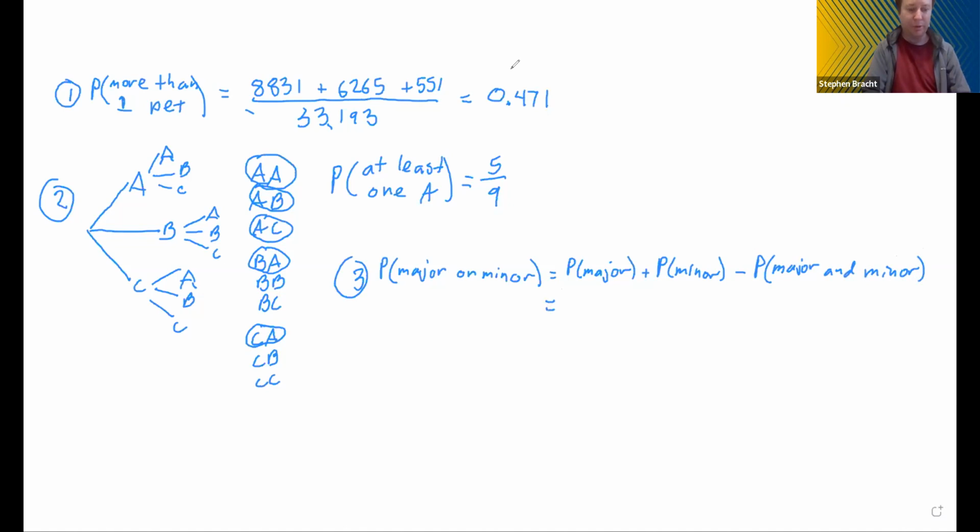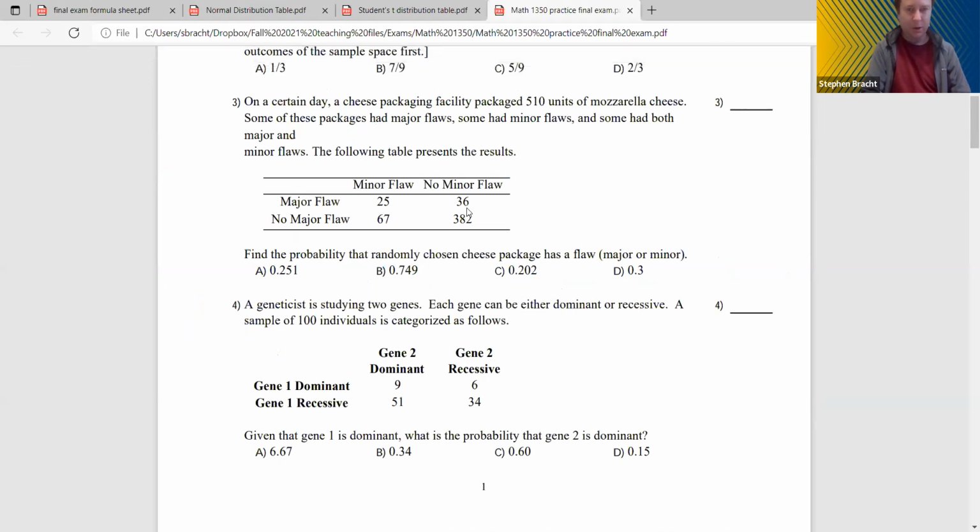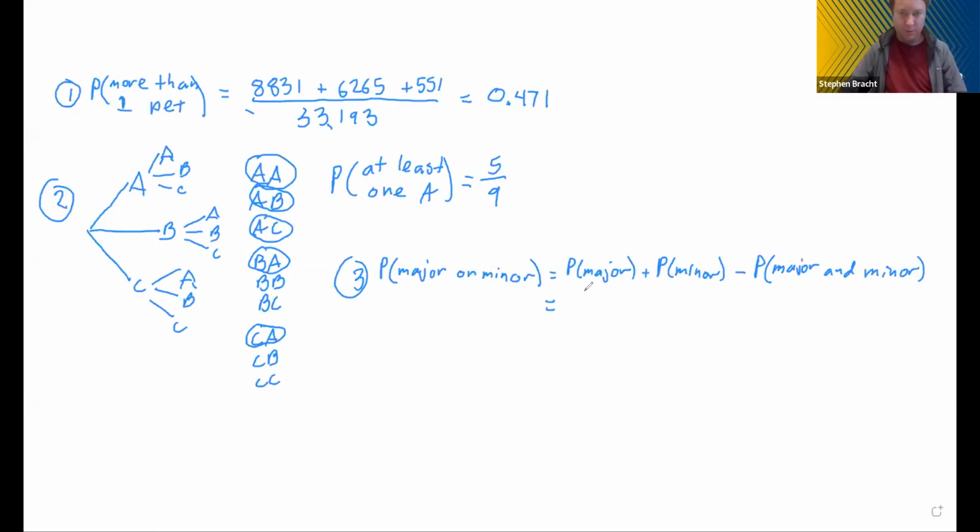So like, for example, the probability of a major flaw, I would go to the row labeled major flaw, and I would add up the numbers in that row. 25 plus 36, those add up to 61, and I would divide that by the total, which is 510. Okay. So that looks like 61 over 510.